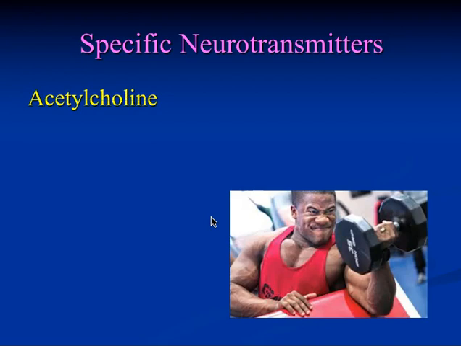So the first one we're going to look at is a very well-known neurochemical known as acetylcholine, and it makes muscles contract. Some people pronounce it a little bit differently, depending on who you're looking at, but its real role is to make muscles contract. It does other things in the nervous system too, but one of its big jobs is making muscles contract.